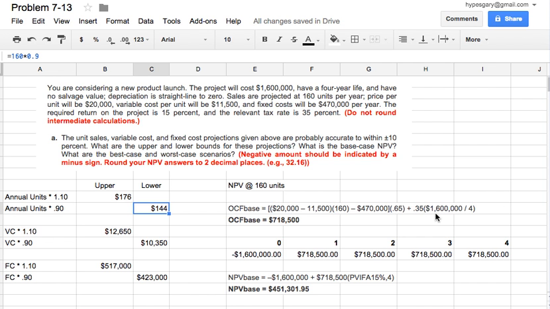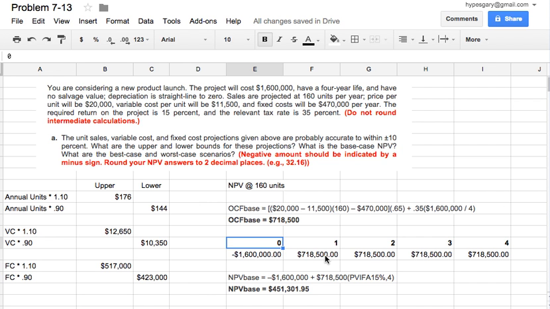and then added back to that the depreciation shield. This gave me an operating cash flow base of $718,500 per year. To help me visualize this, I've laid it out in the time frame that we have for the project. Year 0, or the initial investment, is $1,600,000, and then following cash flows of $718,500 for the next 4 years.